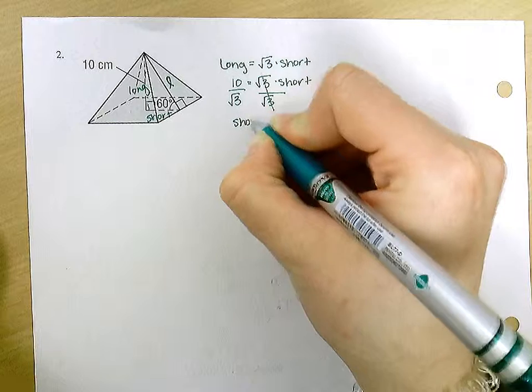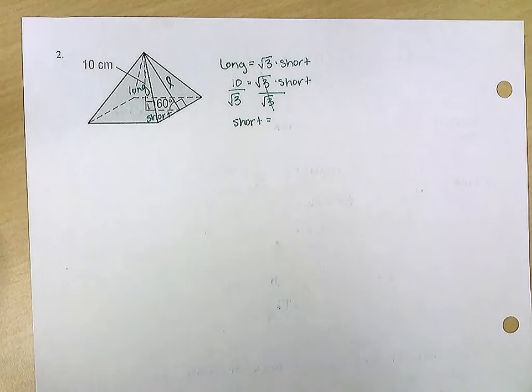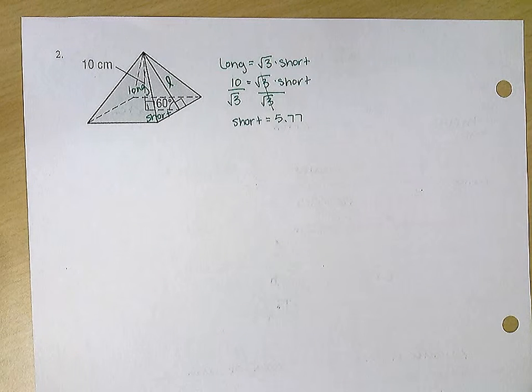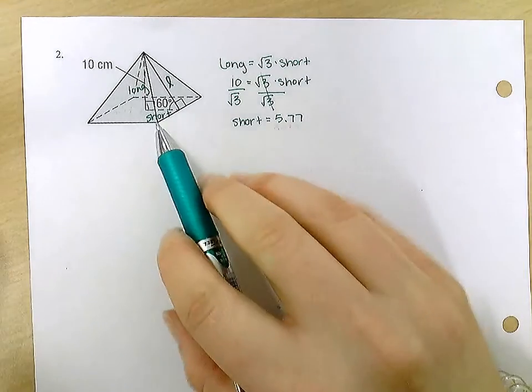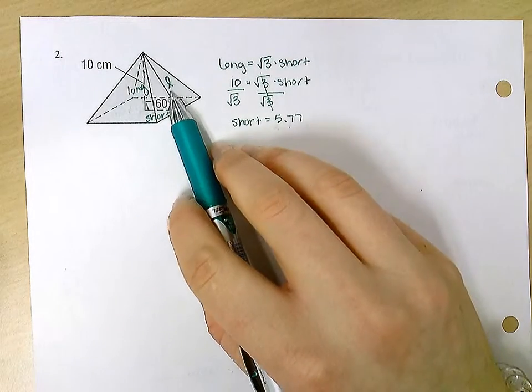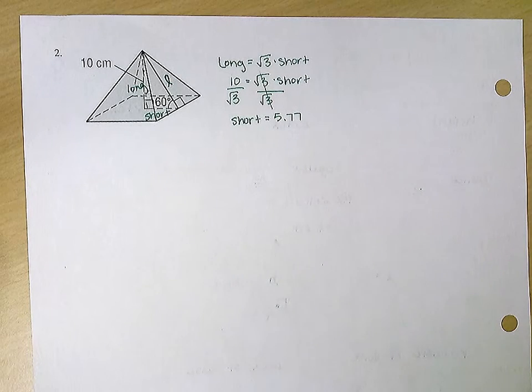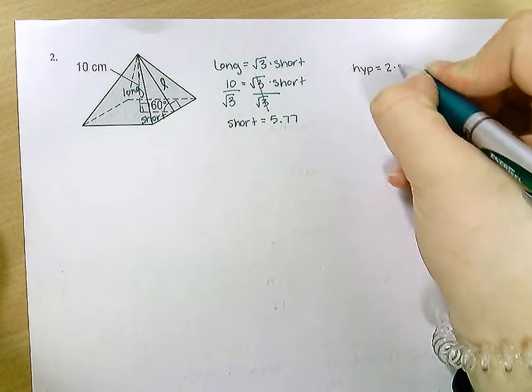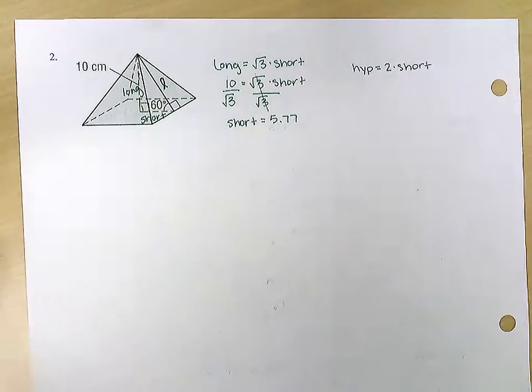So that short side, I rounded to the hundredths. I got 5.77. If you round to 5.8, that's fine too. Then I can also find the hypotenuse. My second equation says hypotenuse is equal to 2 times short. I'm just going to plug in what I know.